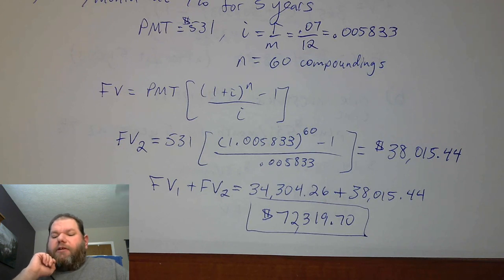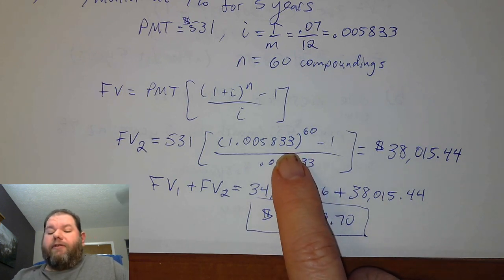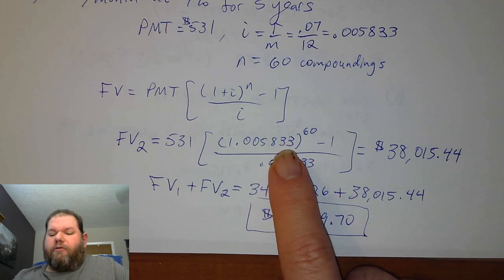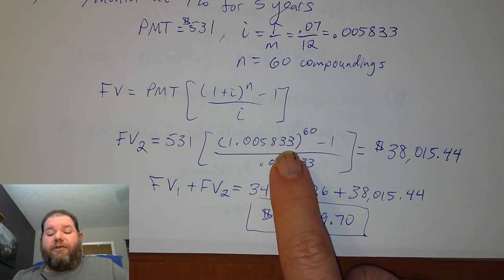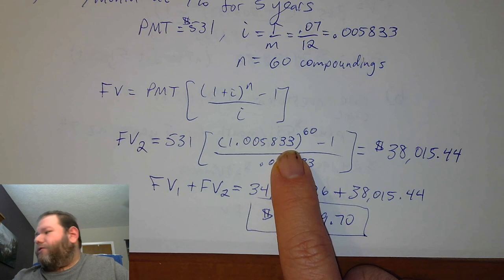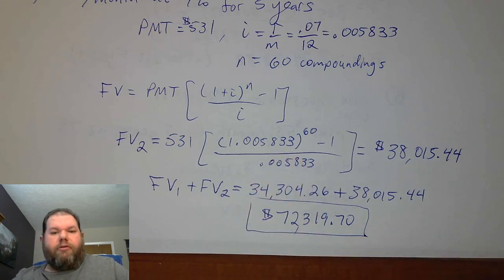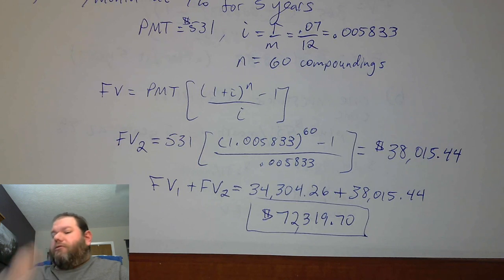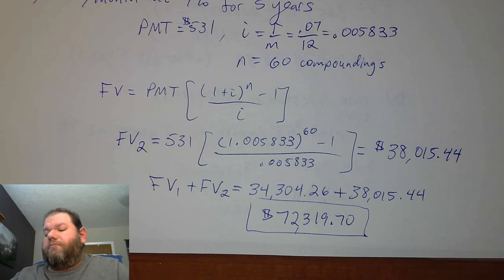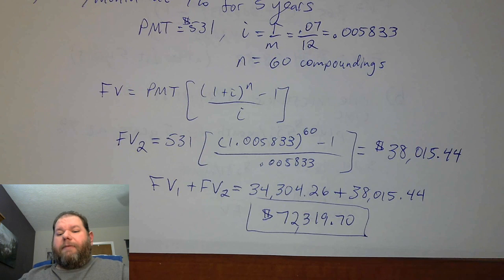If we wanted to be real specific, this is a repeating decimal, this 3, so we could just enter as many 3s as we can into our calculator, and that should give us a better number. But like you said, the main thing is the process, really. Rounding is something we can work on, but as long as we got the process down, that's the big deal.